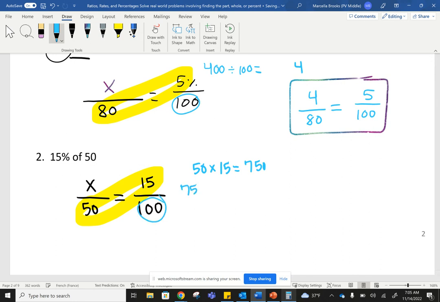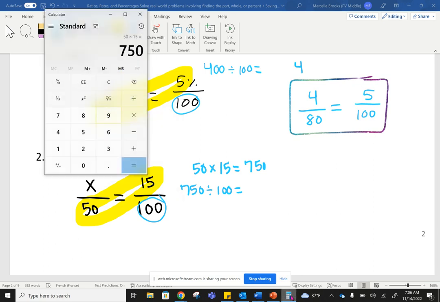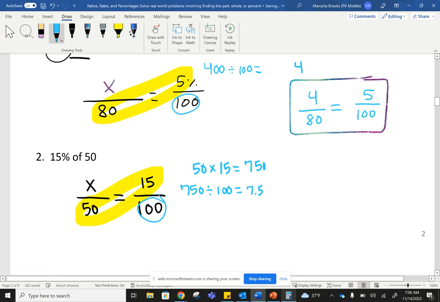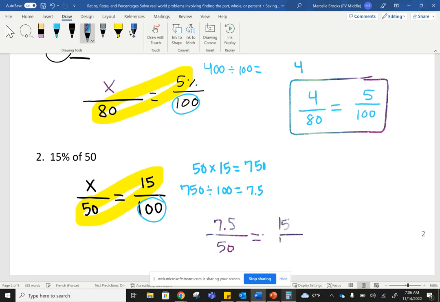So 750 divided by 100, which is 7.5. All right, so if we rewrite this whole thing, it's going to be 7.5 over 50 is equal to 15 over 100. So 7.5 is 15% of 50.